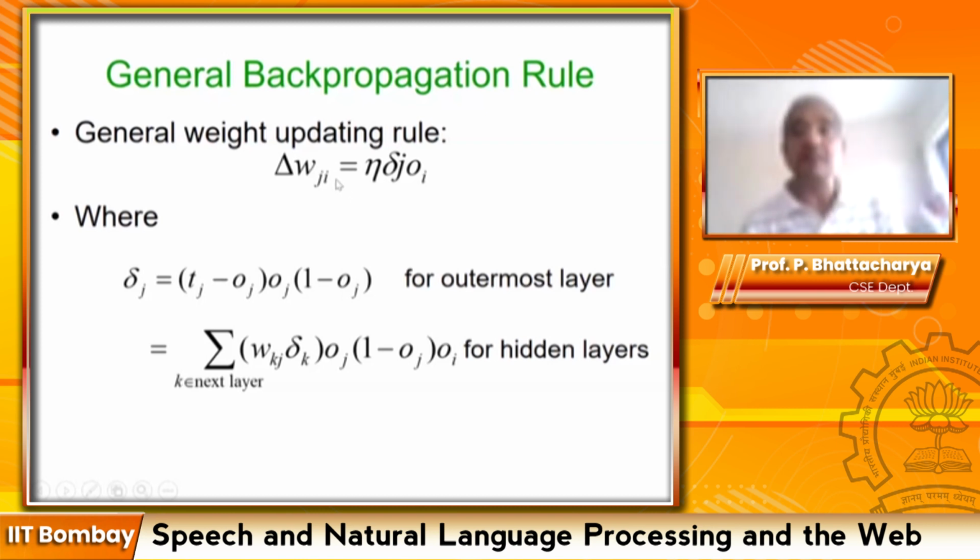But the main idea is very simple: you iteratively find the weight value, and every time you change the weight, you change it by this quantity. This quantity is the learning rate, J is the destination neuron, I is the source neuron, delta J is the error function at the jth neuron, and O_I is the input arriving at the source end of the connection.